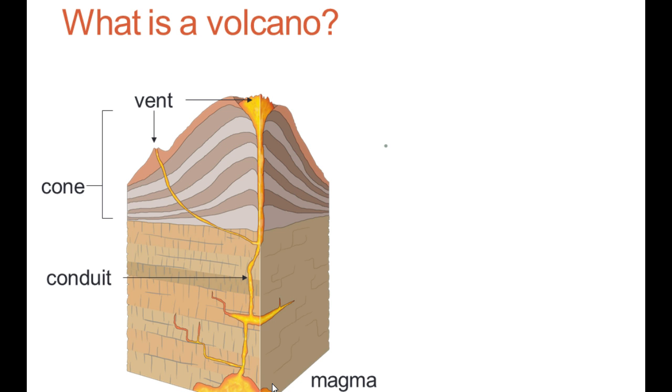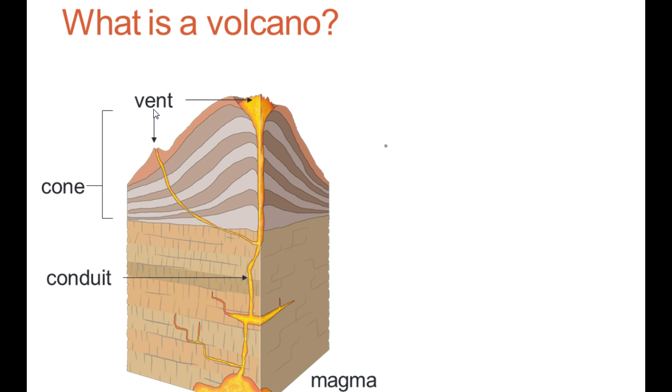Now the word conduit that you see right here. Conduit is a tube-like passage followed up by magma in a volcano. So it's the path that magma takes up to the surface. It's called a conduit. Now, vent.